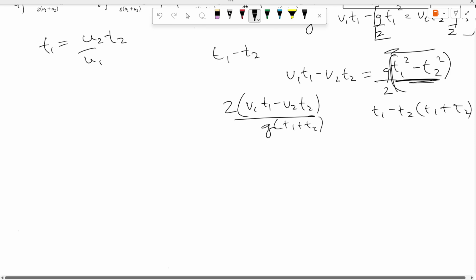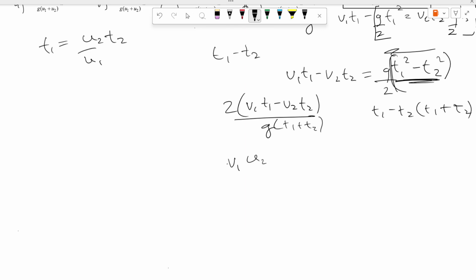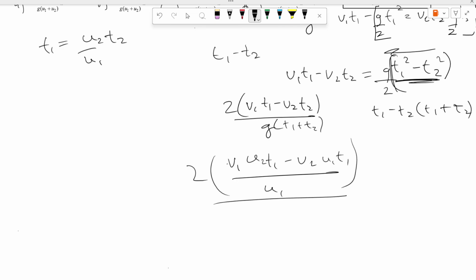When we try to substitute these values, we get v1 u2 upon u1 t1 minus v2 u1 t1, and the whole thing accompanied by this outside. Then t1 plus t2 would become u2 upon u1 t2 plus u1 t2, right?